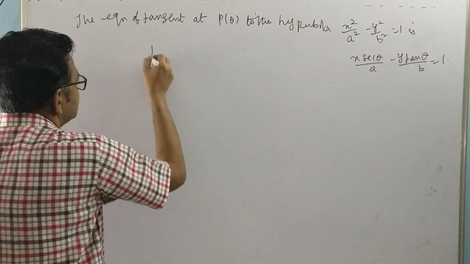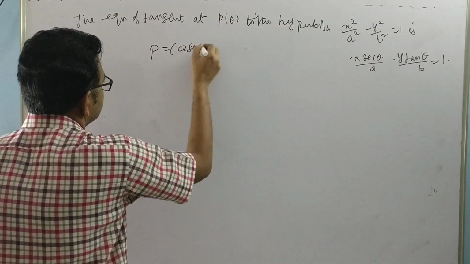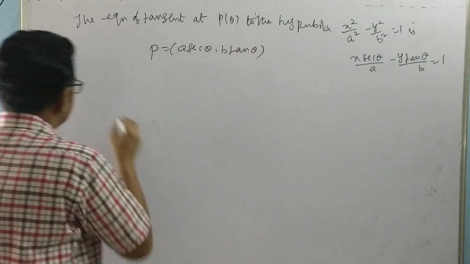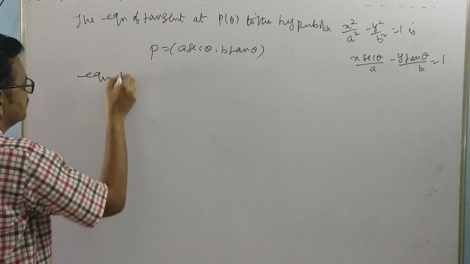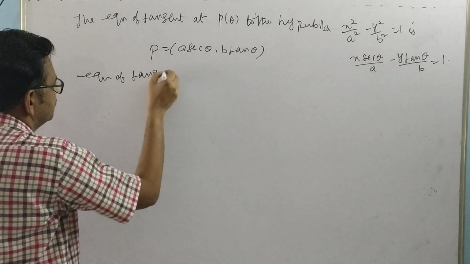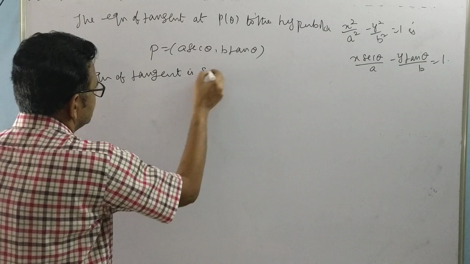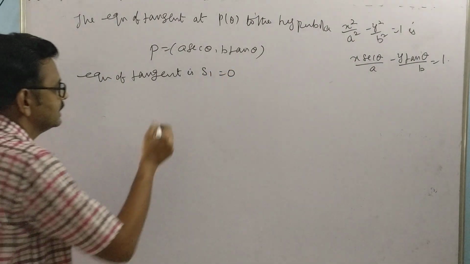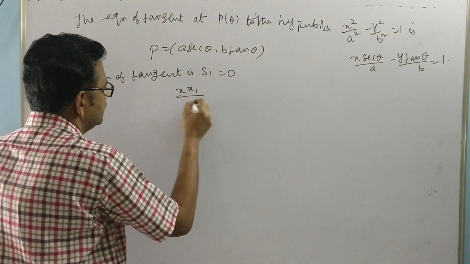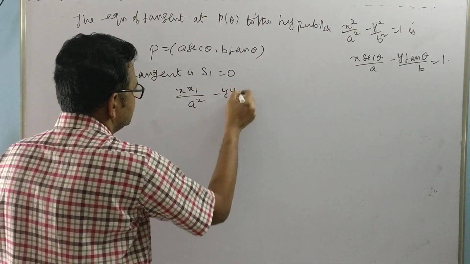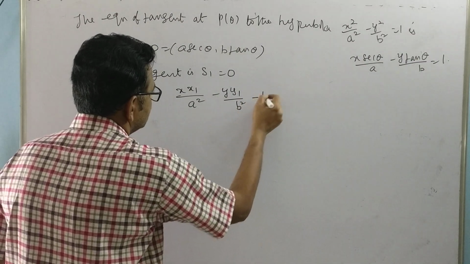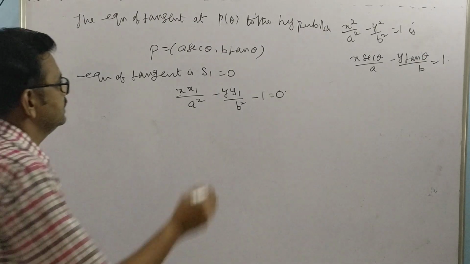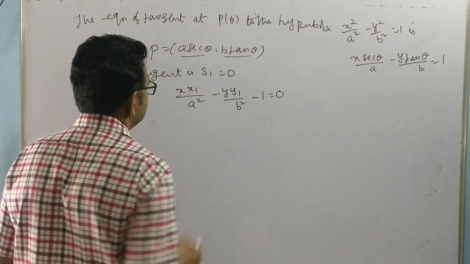So the point is a secant theta comma b tan theta. So what is the equation of tangent? Equation of tangent is S1 equal to 0. What is S1? xx1 by a square minus yy1 by b square minus 1 equal to 0. Now x1 y1 is a secant theta, b tan theta.